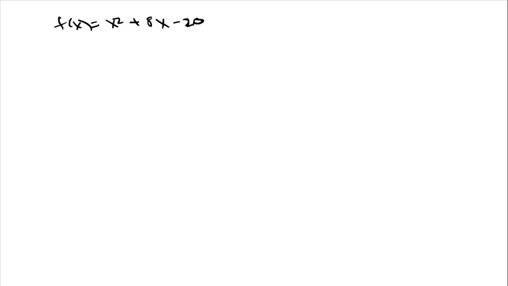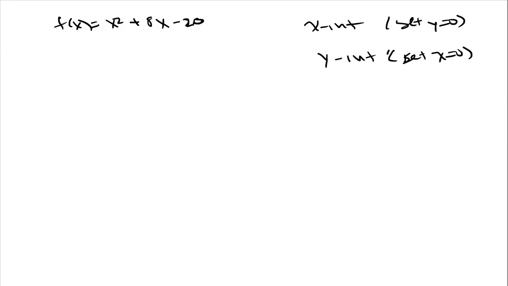All right, so this problem is asking for the intercepts, right? In order to find the x-intercept, we set y equal to 0, and in order to find the y-intercept, we set x equals 0.